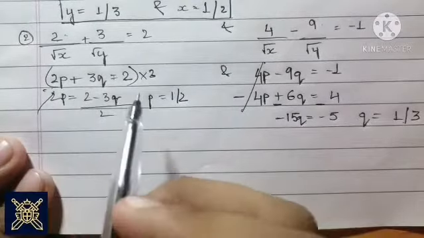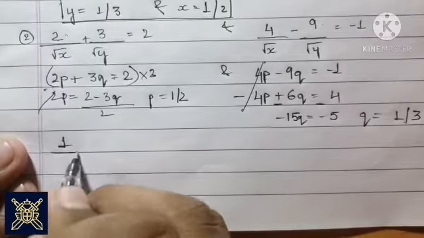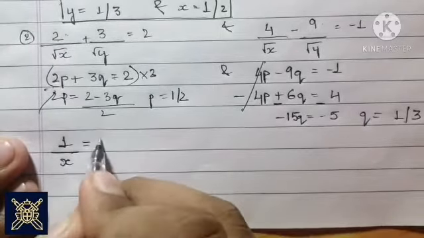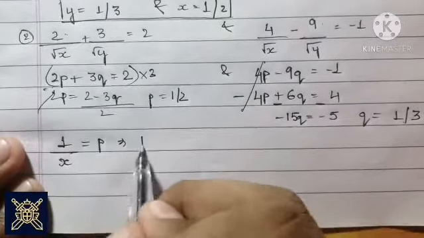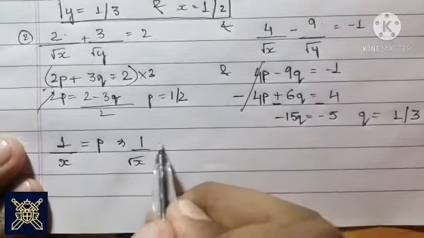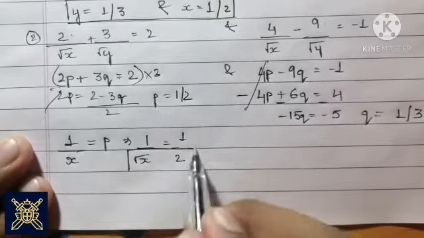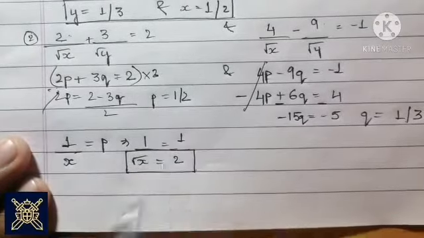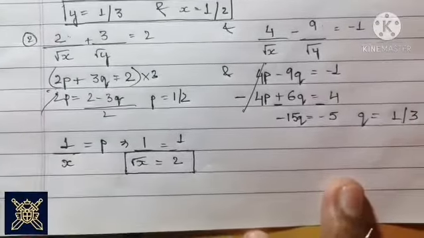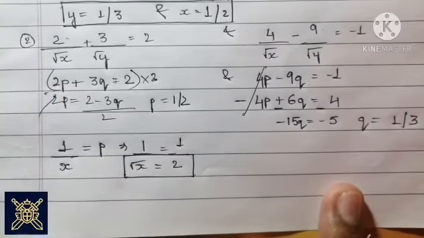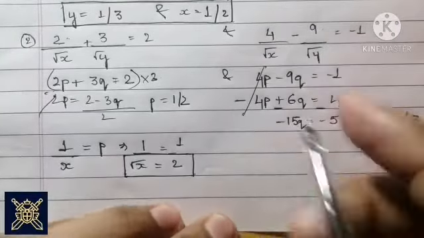We have assumed that 1 upon root x is equal to p. This implies that 1 upon root x is equal to 1 upon 2. So you can take that root x is equal to 2. Similarly, for q also, we will do the same.